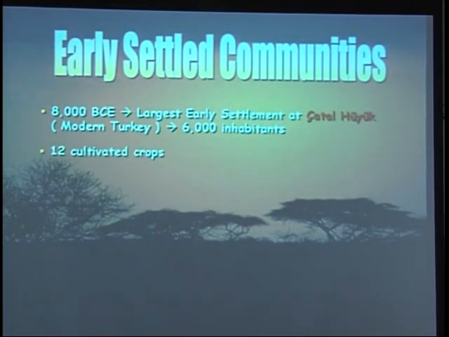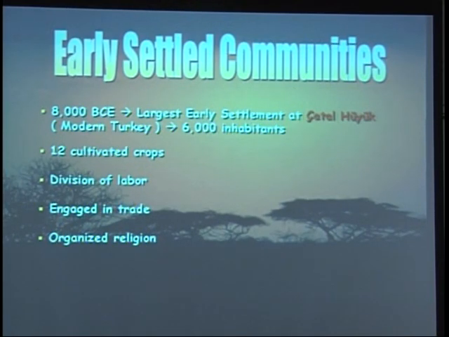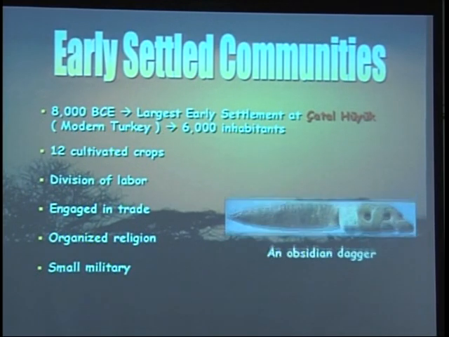They cultivated many crops here. They also divided labor, which allows people to be more efficient and create more sustainability. They engaged in trade with other small communities. They had an organized religion and a very small military to protect themselves from attacks from other small communities.